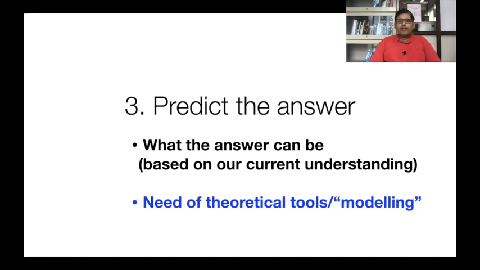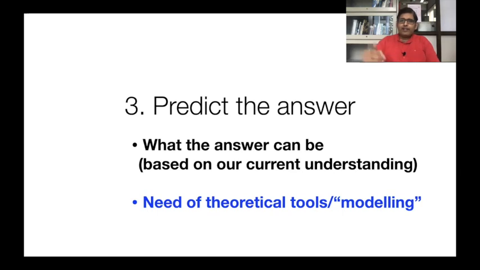Given the current understanding, what can we predict? Given the laws of nature, given the laws of the subject that you are studying, and given the currently available data, all the previous experiments, can we predict what will happen? So this is the job of people doing theoretical studies or computational modeling.